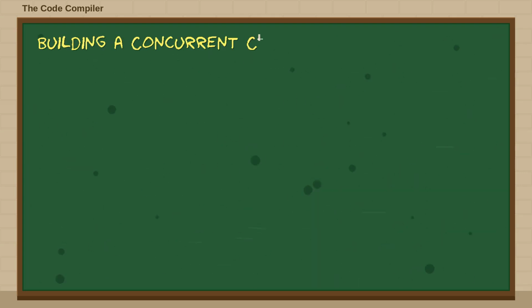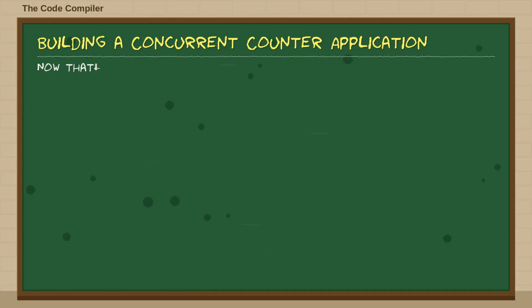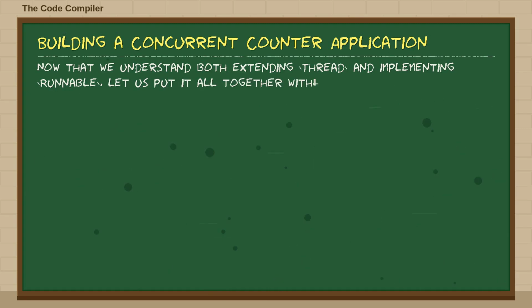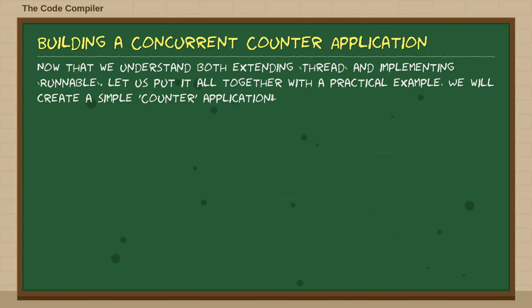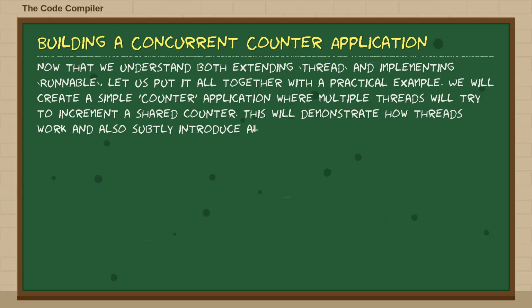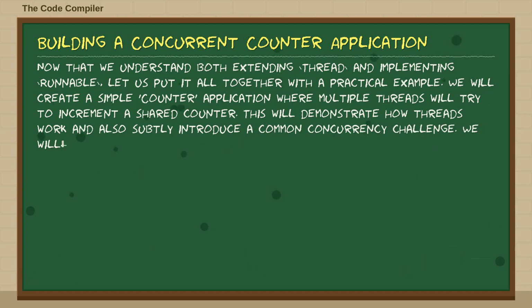Now that we understand both extending Thread and implementing Runnable, let us put it all together with a practical example. We will create a simple counter application where multiple threads will try to increment a shared counter. This will demonstrate how threads work and also subtly introduce a common concurrency challenge.